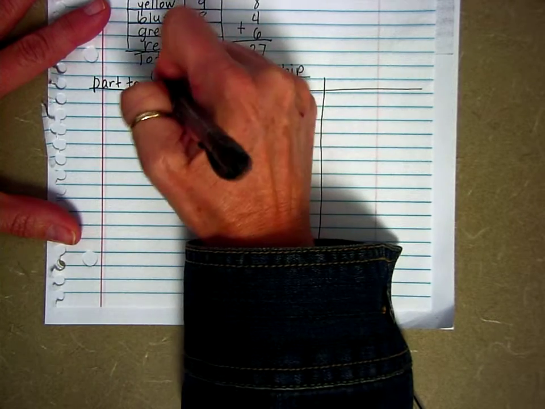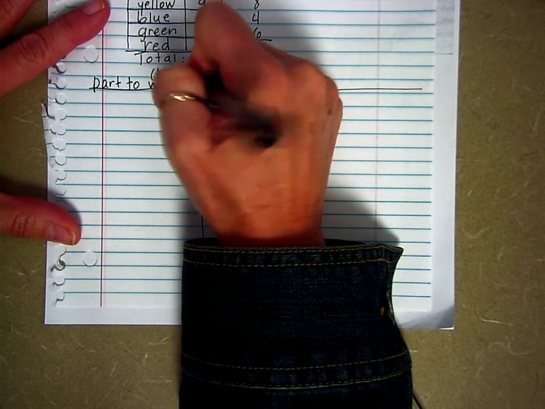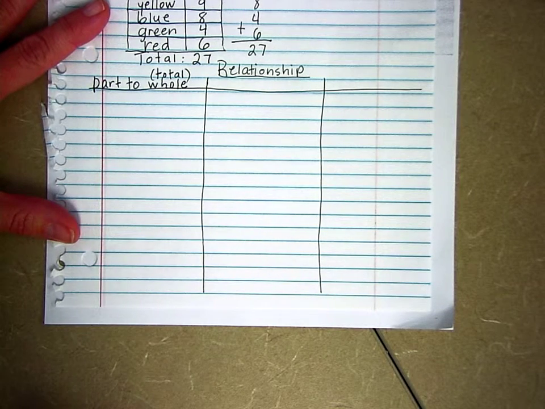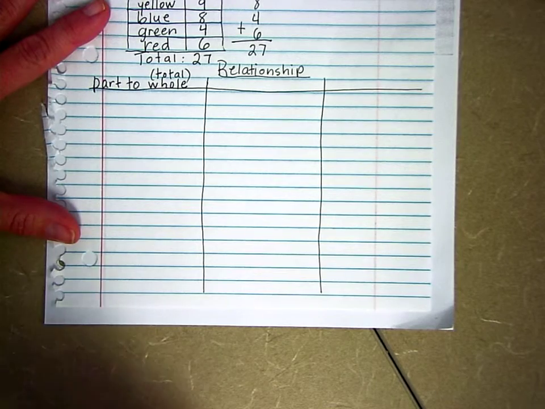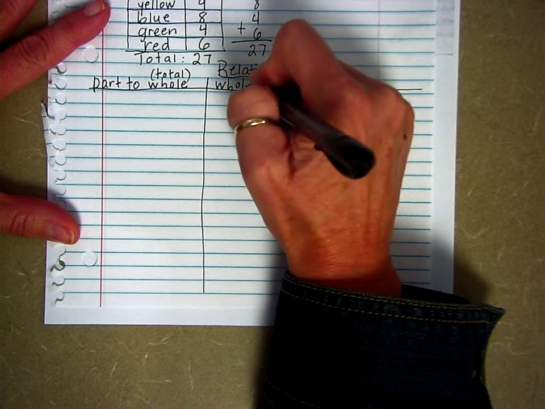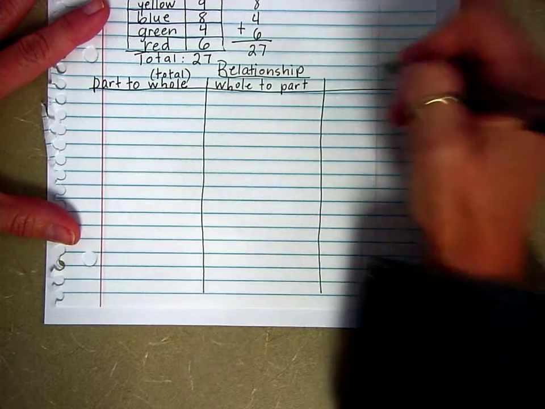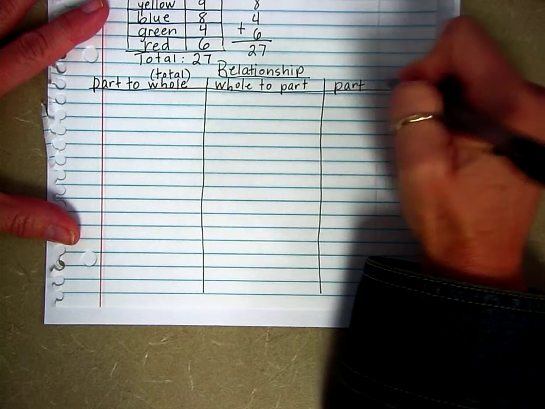Whole meaning total number of whatever the item is. In this case, the whole is the total number of gummy bears. We also have the relationship whole to part. And then lastly, we have part to part.